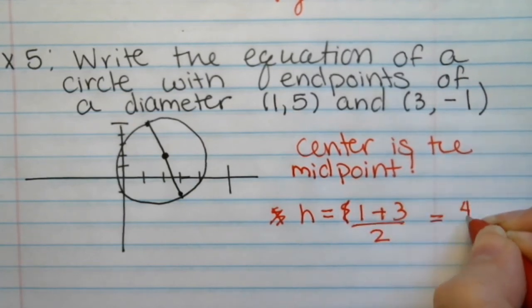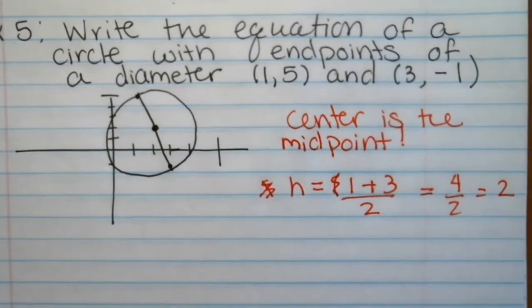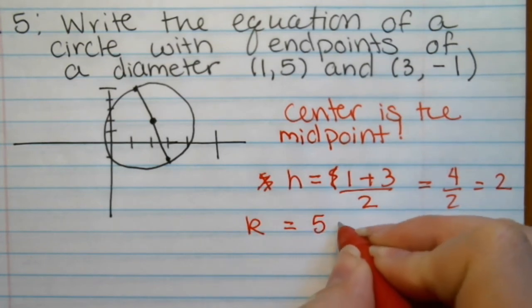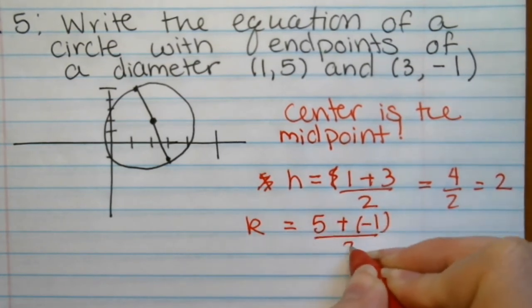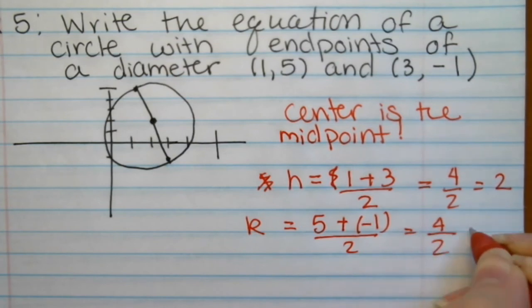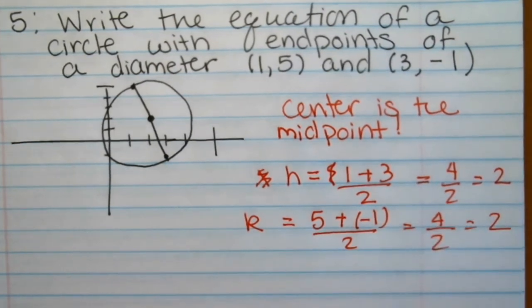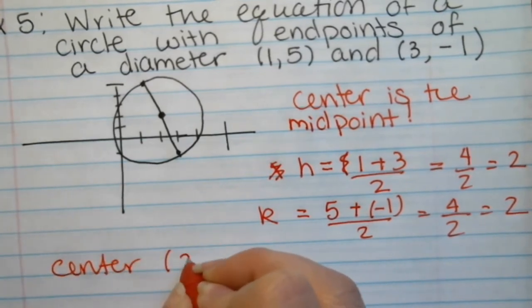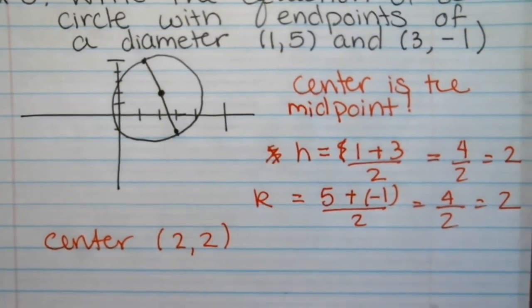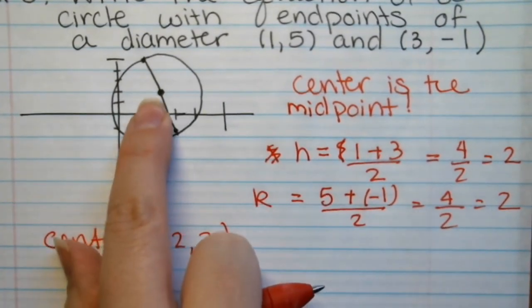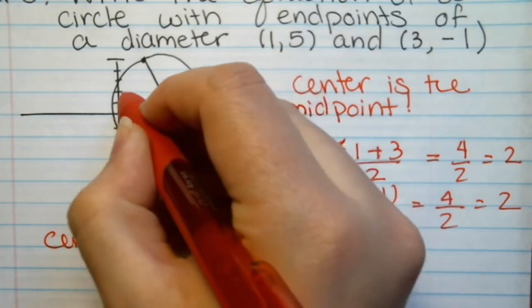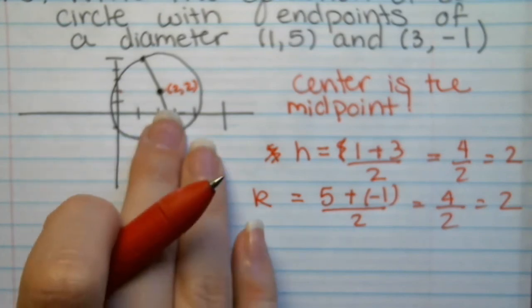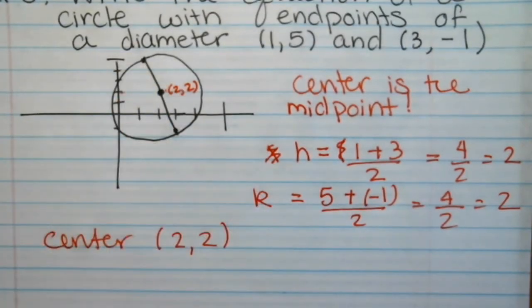So this is 4 over 2 or 2. And the y-coordinate of the center is going to be 5 plus -1 over 2, still 4 over 2 or 2. So our center is going to be 2, 2. You can even see that that's similar to what we have drawn on the graph, right? This does look like the point 2, 2. And you can see that it's exactly halfway between these two endpoints here.